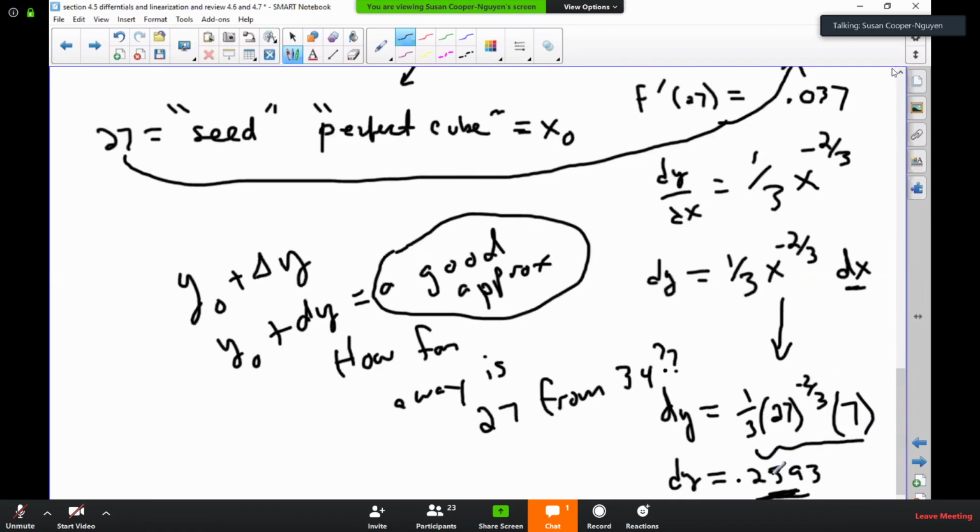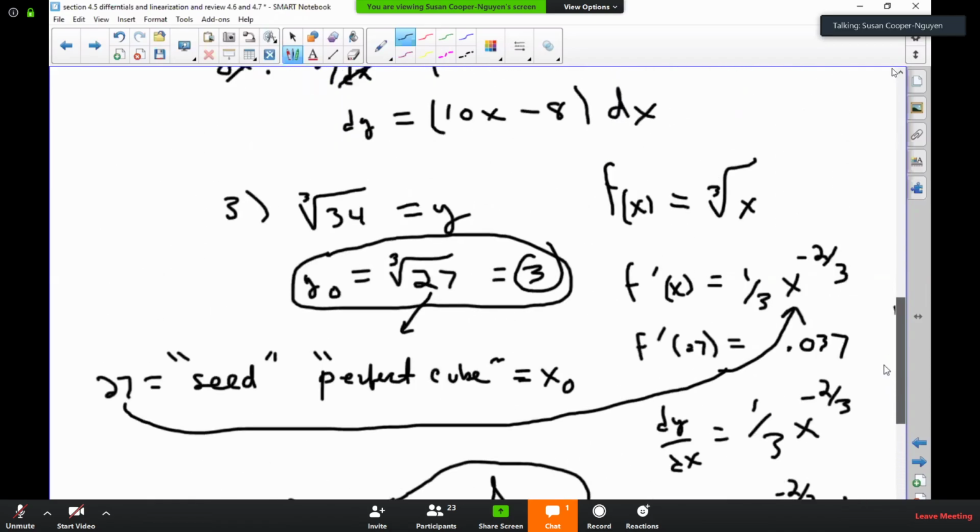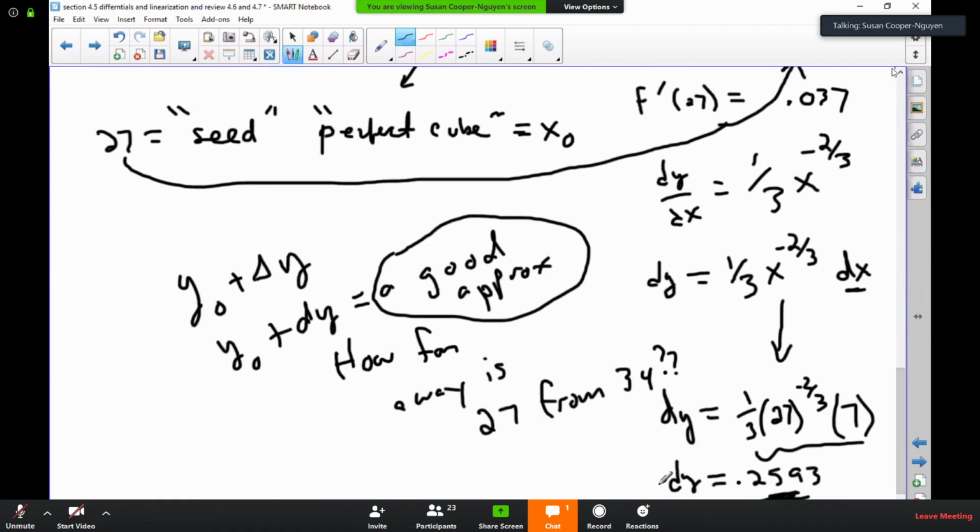I typed all that out. I got 0.2593. What is that? That's my dy. But what do you do with your dy? You add it to the 3. So you can kind of, just by pattern recognition, see, okay, if I take the dy, I'm going to highlight it way up here.